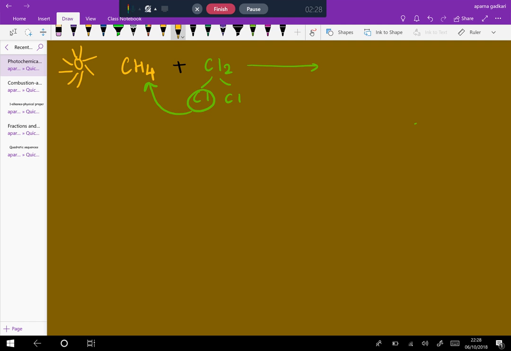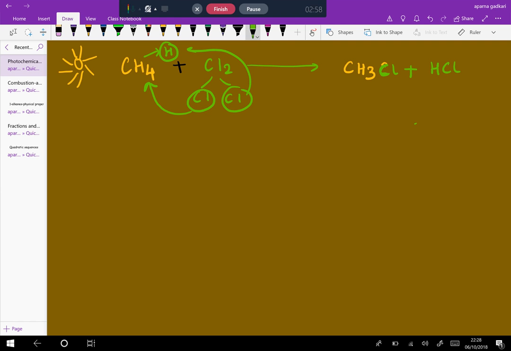So in this case, instead of CH4, if one hydrogen gets replaced, we will be left with CH3, and instead of the hydrogen, a chlorine atom has taken the place. So we will get something like CH3Cl, and then the hydrogen that got knocked out will combine with this chlorine to form hydrogen chloride.